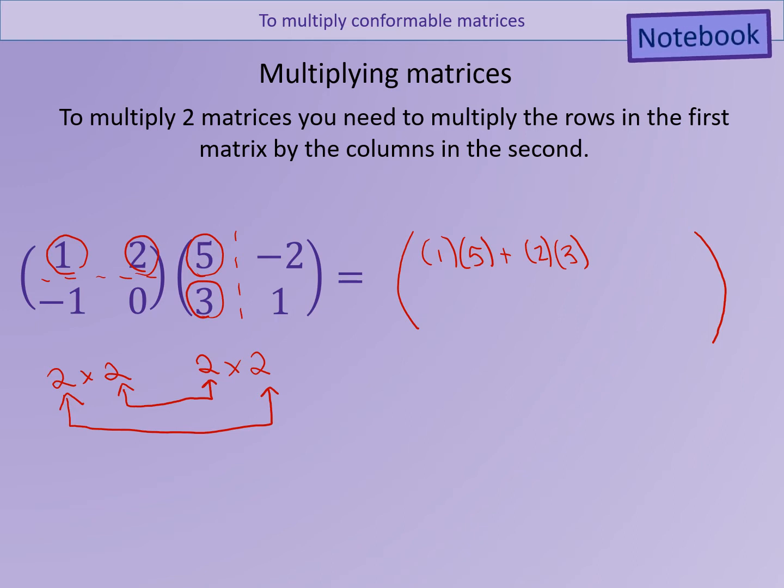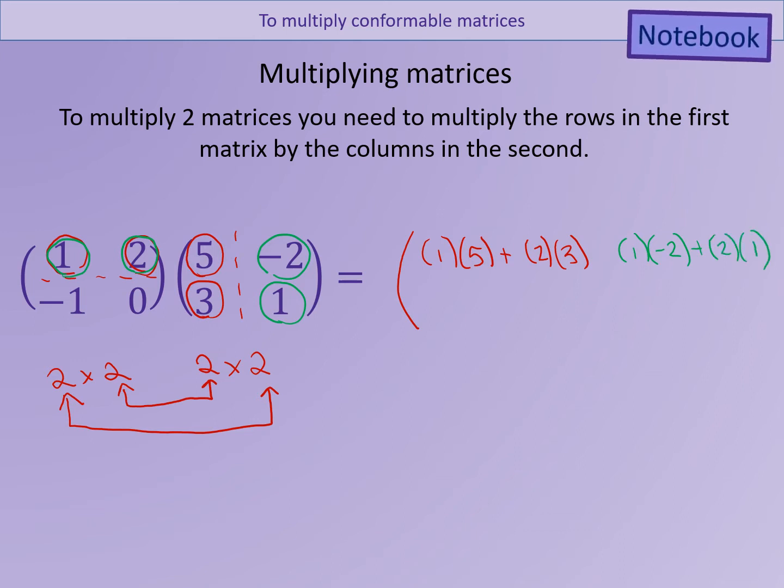And then I'm going to do 1 multiplied by minus 2 and 2 multiplied by 1. So we have 1 multiplied by minus 2 plus 2 multiplied by 1.